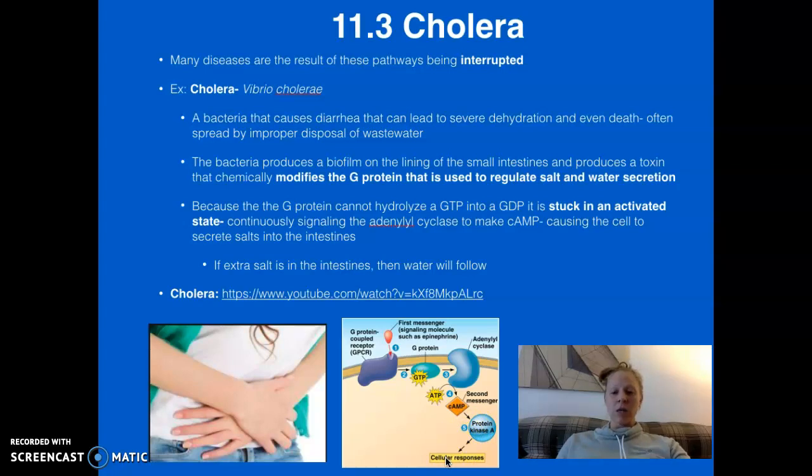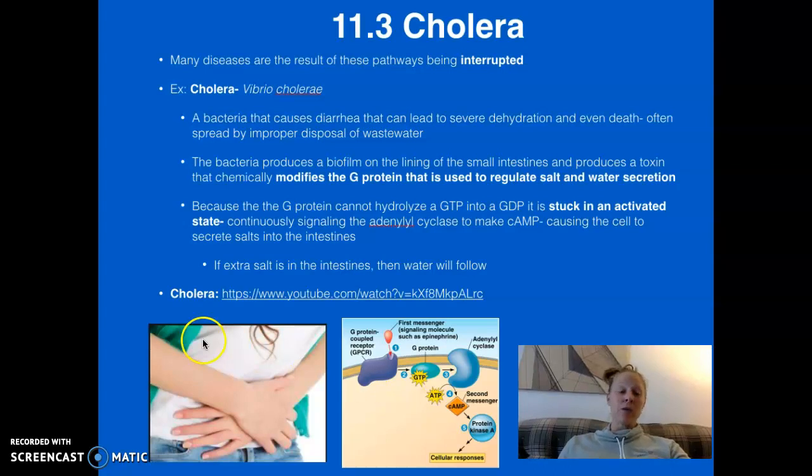This cellular response is to keep releasing salt into the intestines. And so if you release salt, we understand osmosis, water will follow. And so because this is stuck in this activated position, GTP can't be replaced by the GDP, then you're going to continuously lose salt and water. And so this is one way that a disease can be caused by an interruption in this pathway.